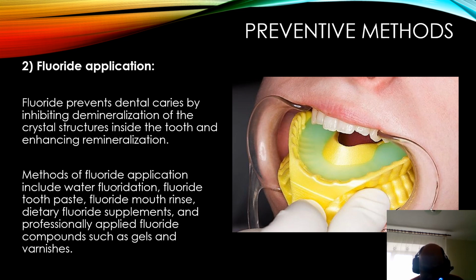Methods of fluoride application include water fluoridation, fluoride toothpaste, fluoride mouth rinse, dietary fluoride supplements, and professionally applied fluoride compounds such as gel or varnishes. So, doctors, water fluoridation means drinking fluoridated water.